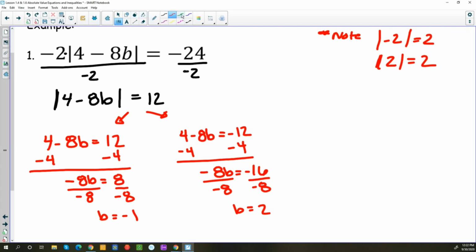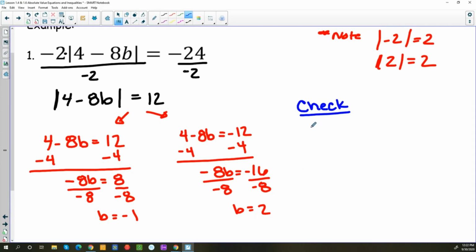There is one last thing that we need to do that is on the annoying side, but it has to be done. We have to check. There are situations where we will find a possible answer, but when we plug it back in, it's not going to work.